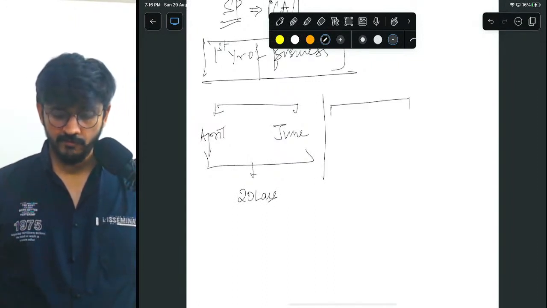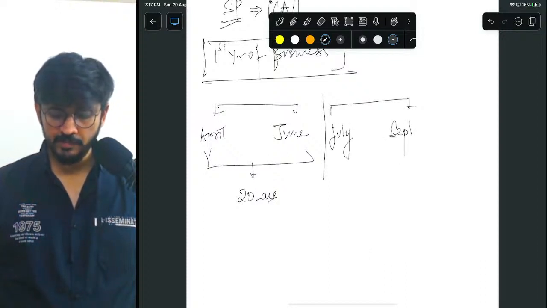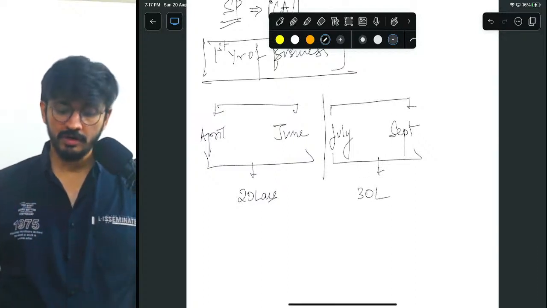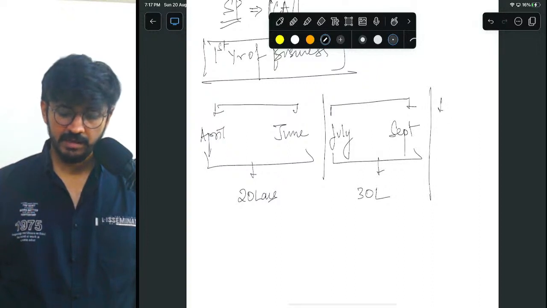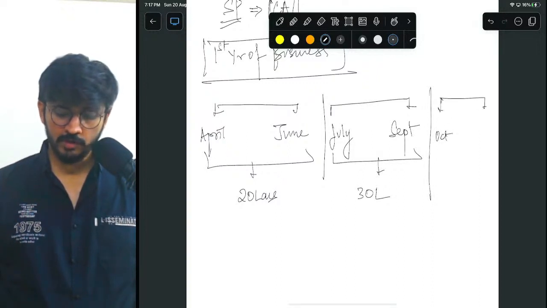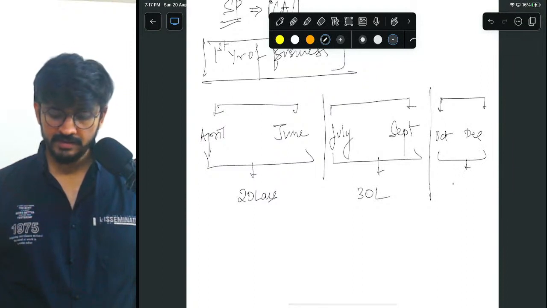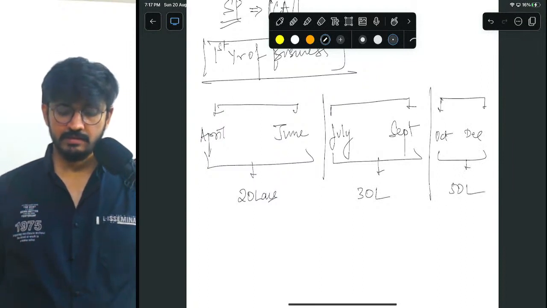Then from July to September, you made 30 lakhs. In this quarter you clocked 30 lakhs. And from October to December, you made, let's say, 50 lakhs.